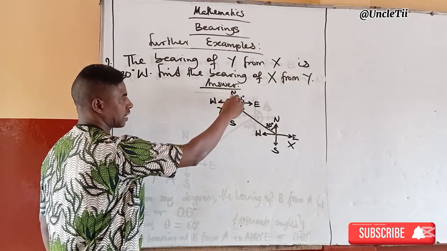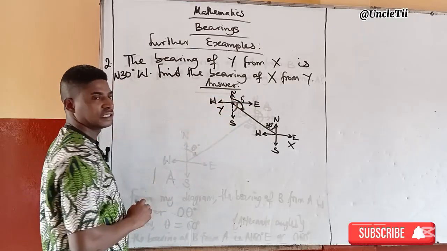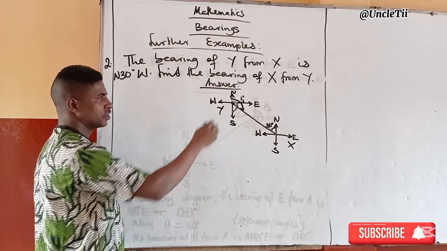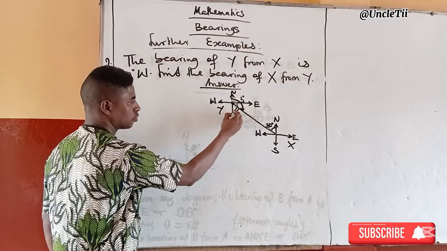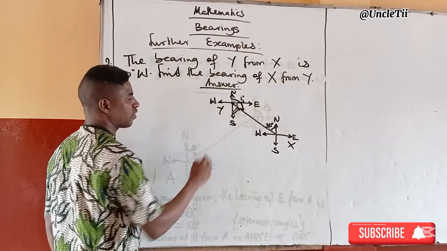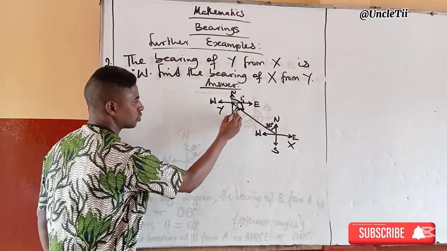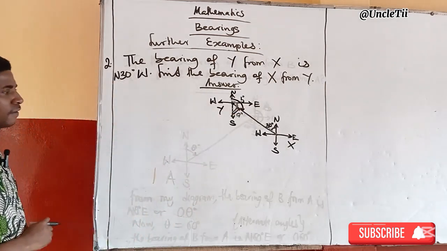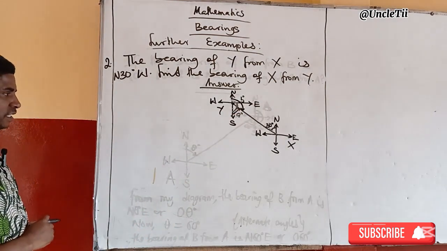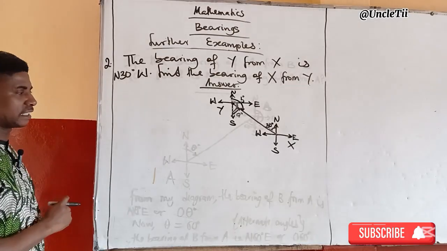So north to south is 180 degrees. So this bearing b degrees is just this angle short of 180 degrees. So let us pretend that we don't know the angle and put a degrees.